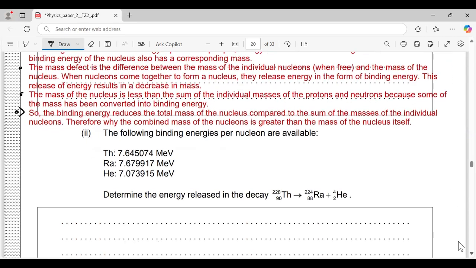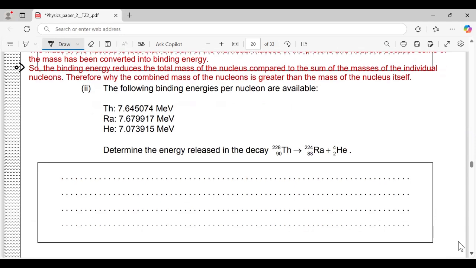Next. The following binding energies per nucleon are available: thorium, radium, helium. Determine the energy released in the decay. This is the decay reaction, from thorium becomes radium and helium.